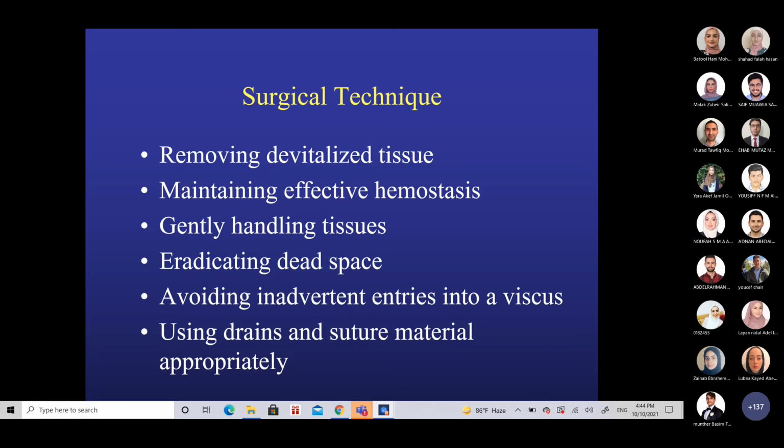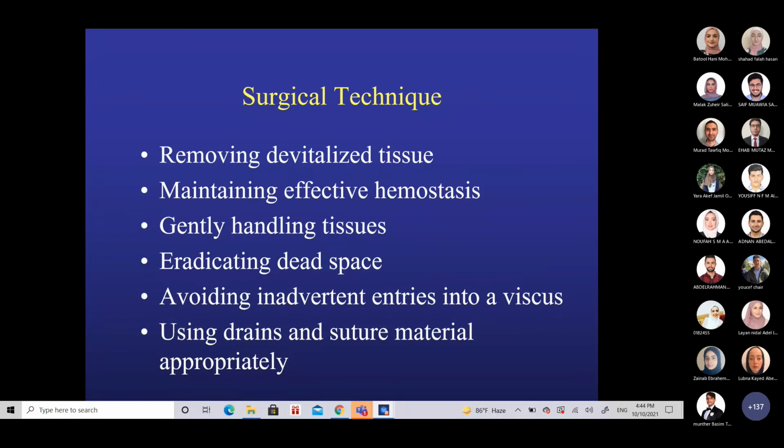infection. For example, surgical principles include removing devitalized tissue. Any necrotic tissue, any foreign bodies, any devitalized tissue should be out. You maintain effective hemostasis. Hemostasis is very important because if you have improper hemostasis, then you'll have hematoma postoperatively. This is a medium for infection.